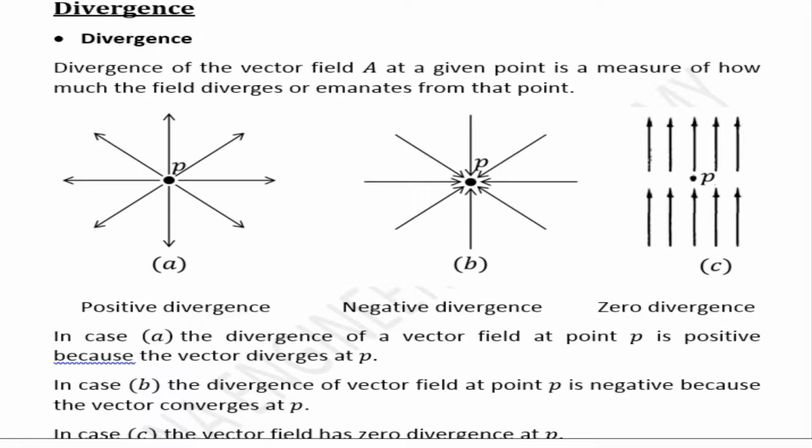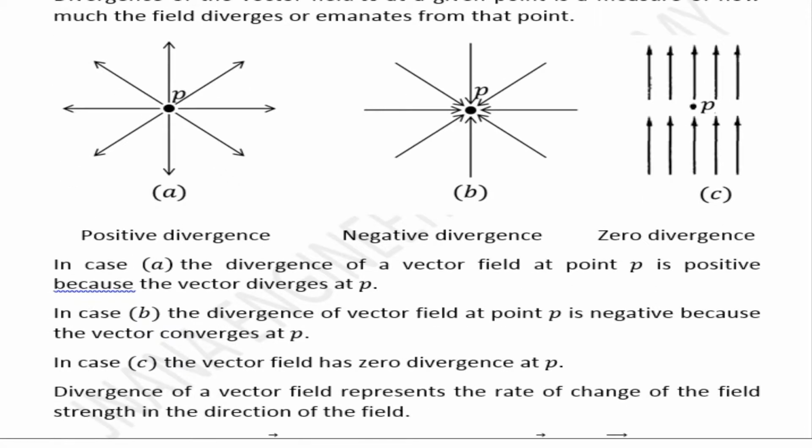Positive divergence means the vector field will be diverging out from the particular point P. That is, the divergence of a vector field at point P is positive because the vector diverges at P.